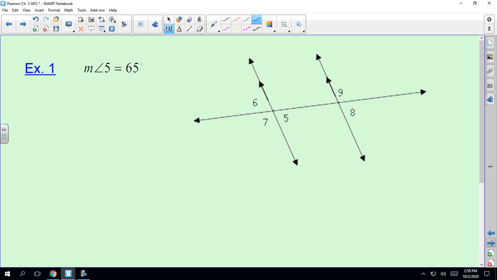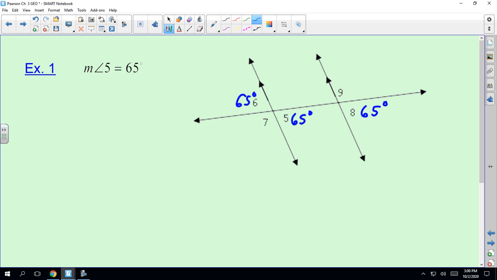A sample problem of something we would be asked to do is just to find all the missing angles. So you have some angle problems here. If measure of angle 5 equals 65 degrees, we know by the vertical angles theorem, angle 6 is 65 degrees as well. Because of the corresponding angles theorem, we know that angle 8 has to be 65 degrees.